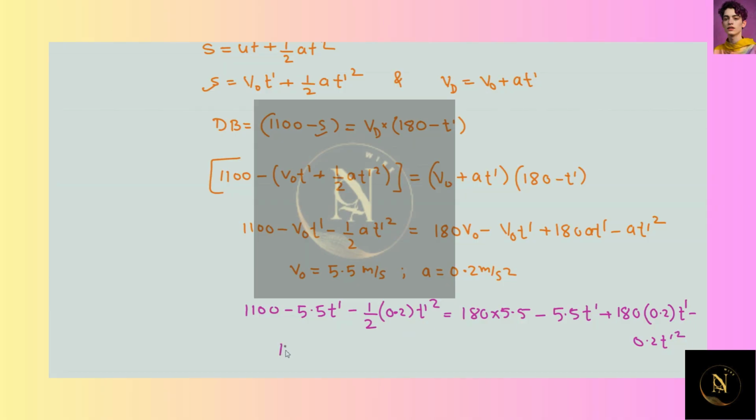So 1100 minus 5.5 T dash minus 0.1 T dash square is equal to 990 minus 5.5 T dash plus 36 T dash minus 0.2 T dash square.